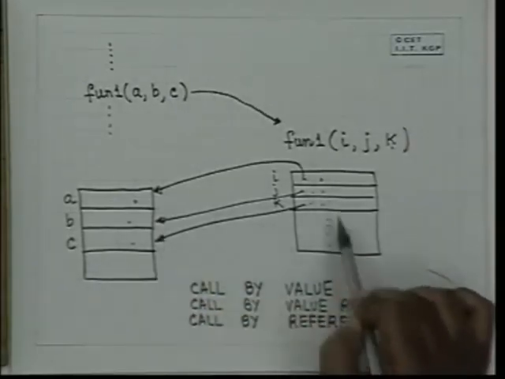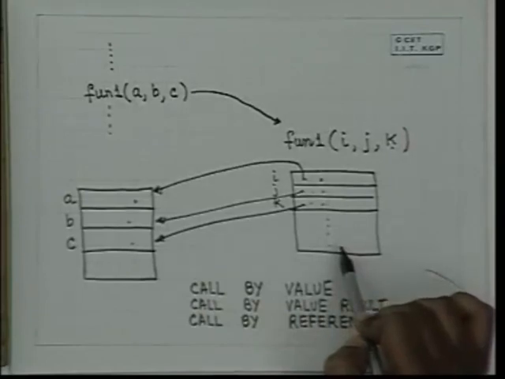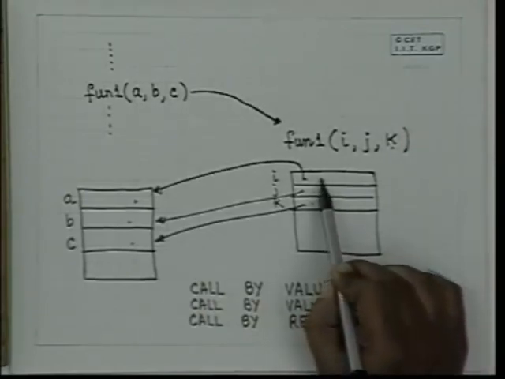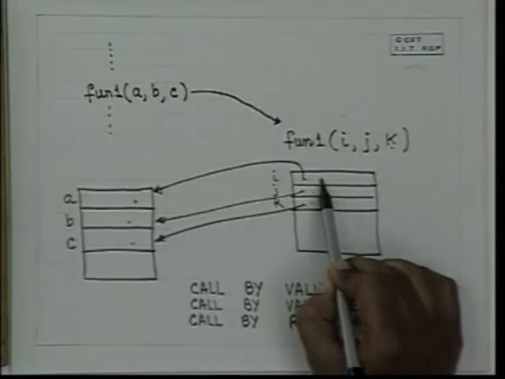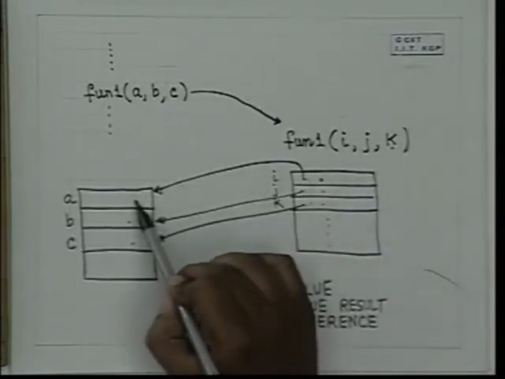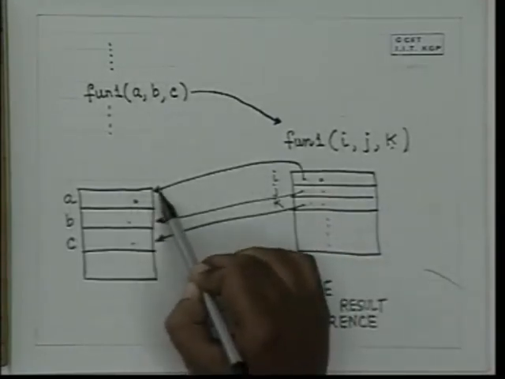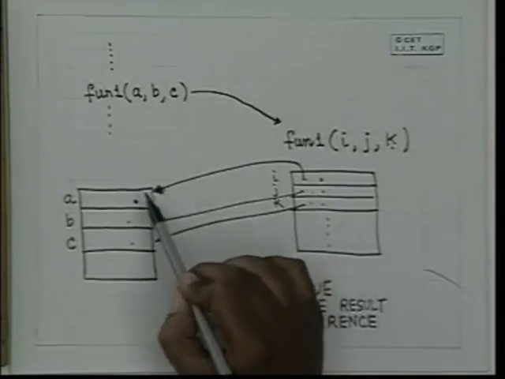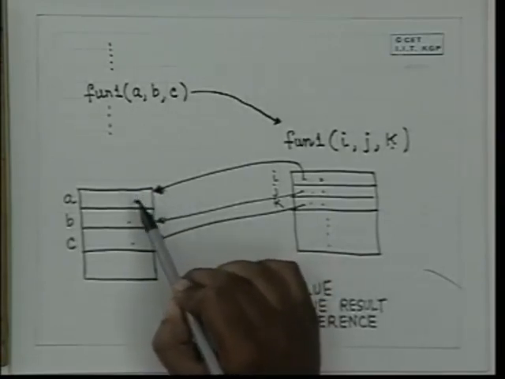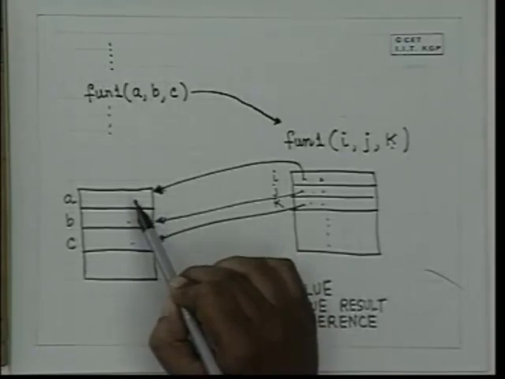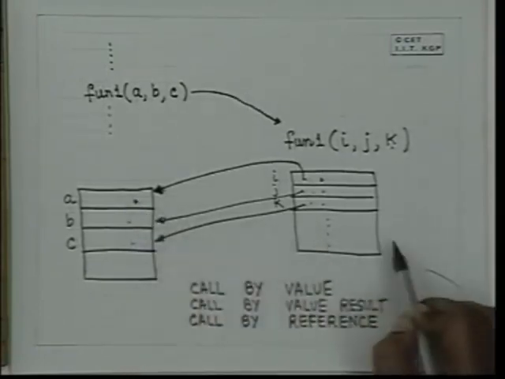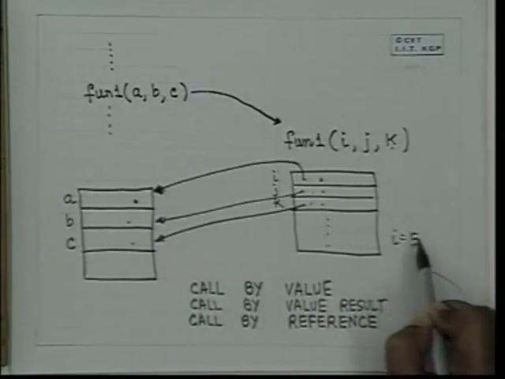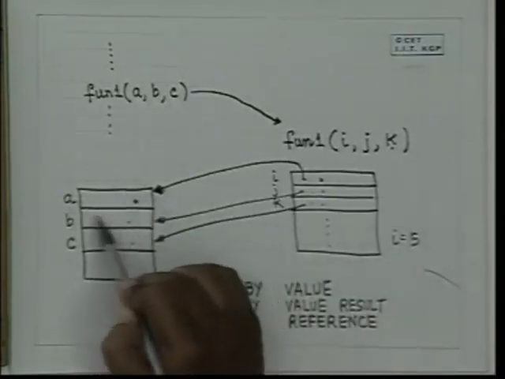And whatever you do here, whenever you update I here, this address is taken and this value is modified. The modification is done on the content of this address here. Alright, so if you write I equal to 5, then here there is a change.